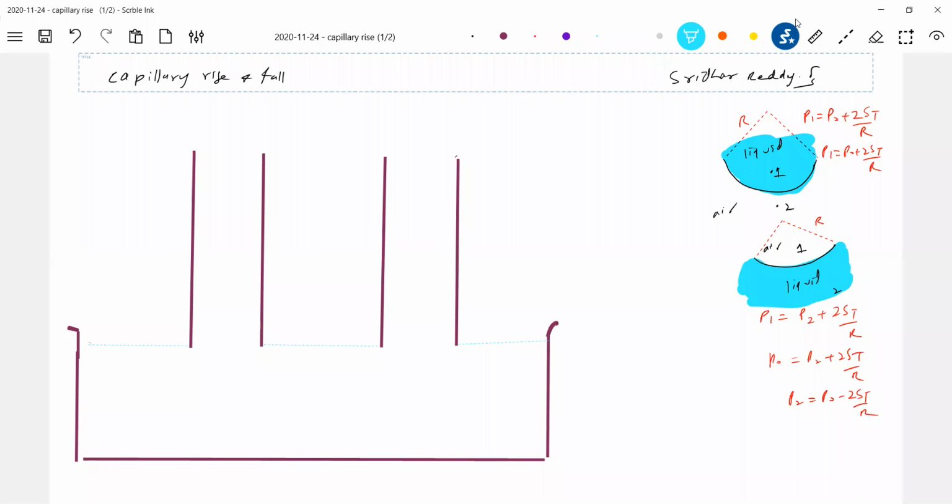So here this will be the liquid. So I took a capillary tube.